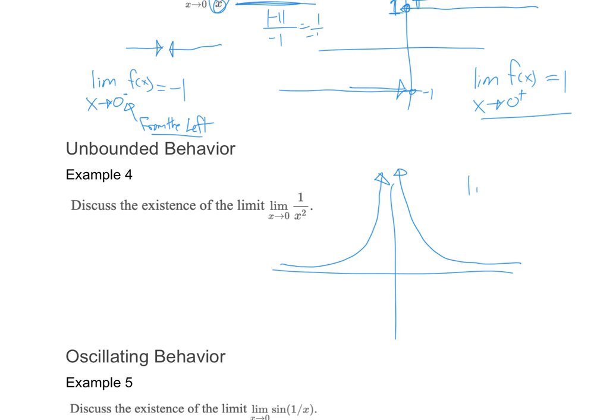And so as x approaches 0 from the right, it is not going to equal a single number because it's going to continue to increase. The closer I get to 0, the further this will go up, and it will approach infinity. Now later we'll use some notation to communicate that fact, because that is important information that we can utilize. But for now we're just going to say the limit does not exist.